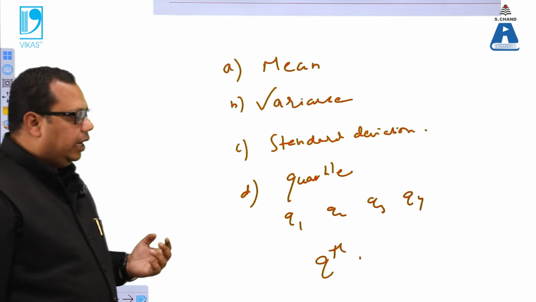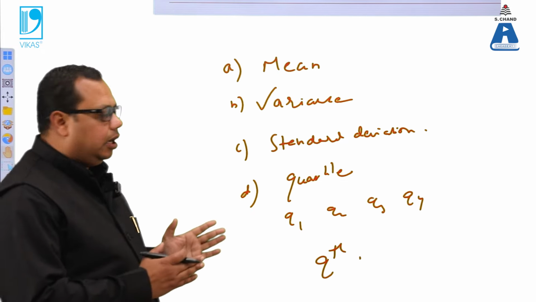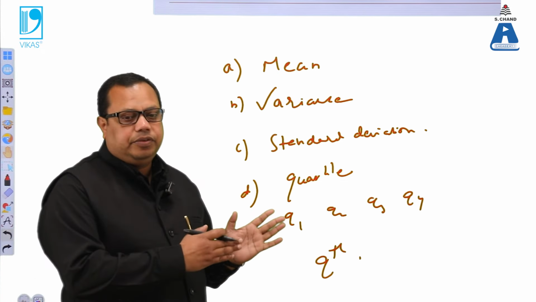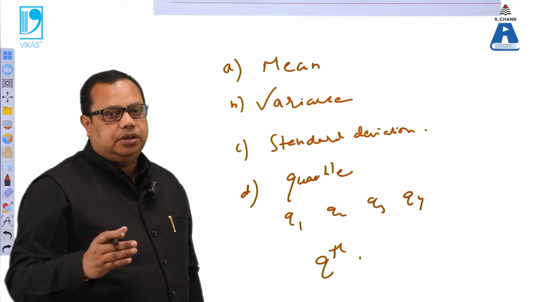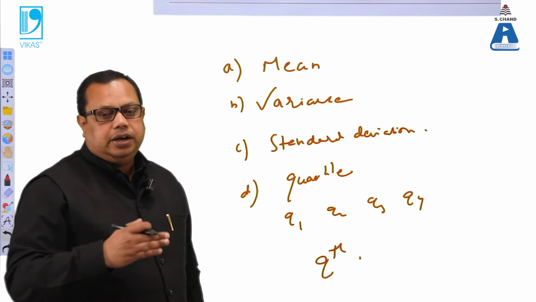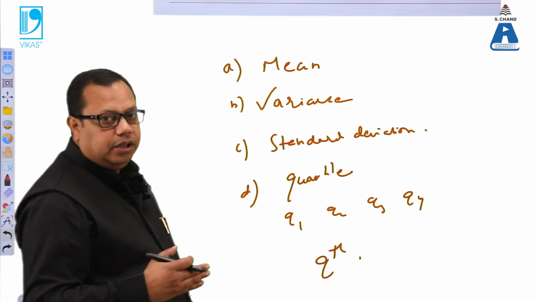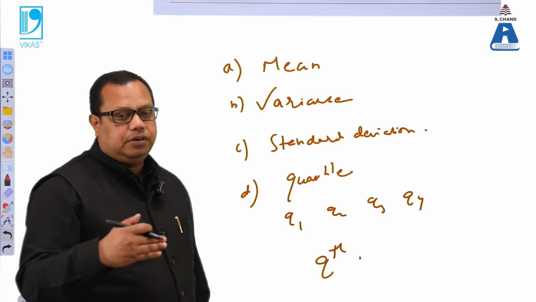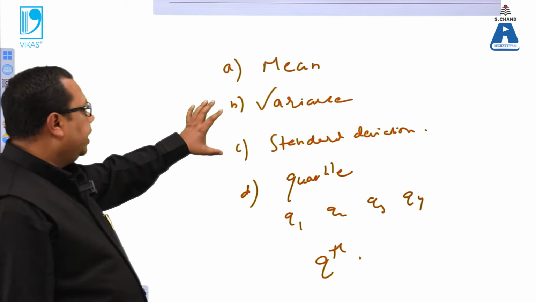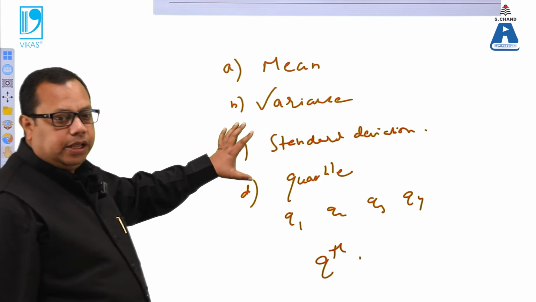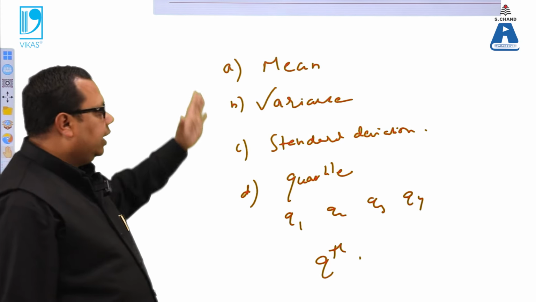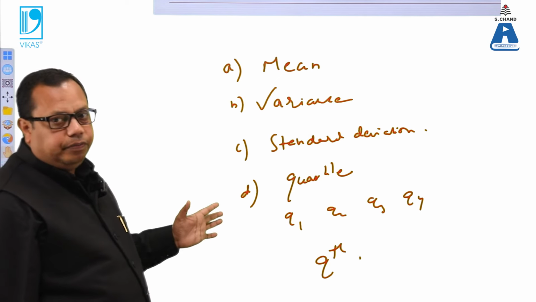And then we learned how to break the data into different categories, and after breaking the data, how we make the calculations. So this is the entire calculation that we generally do.